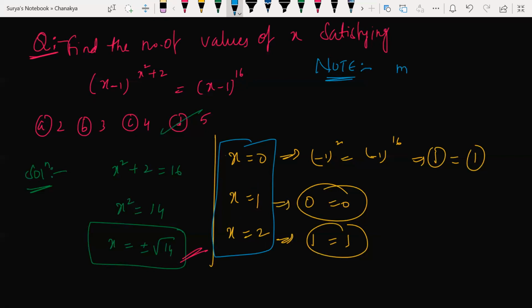If m to the power of x is equal to m to the power of y, then x is equal to y होता है. And here m can be 0, m can be 1, m can be minus 1 as well.